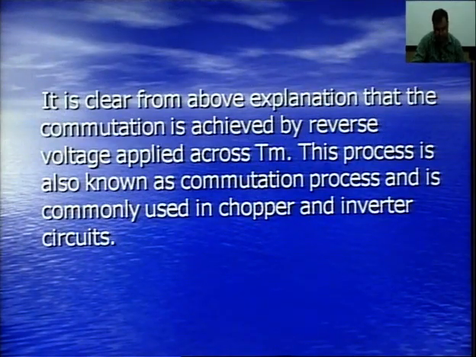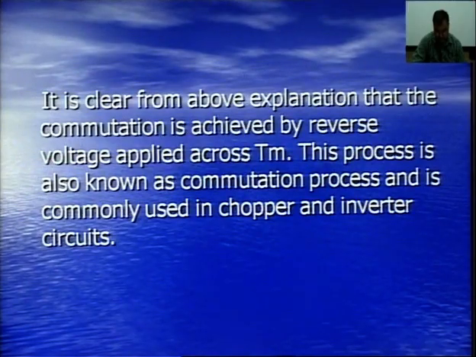Now, first of all, series connection of thyristors. When the cathode of thyristor T1 is connected with the anode of thyristor T2, and the cathode of thyristor T2 is connected with the anode of T3 and so on, this arrangement is known as series connection of thyristors. For simplicity, consider a string of 3 thyristors T1, T2, T3 connected in series.